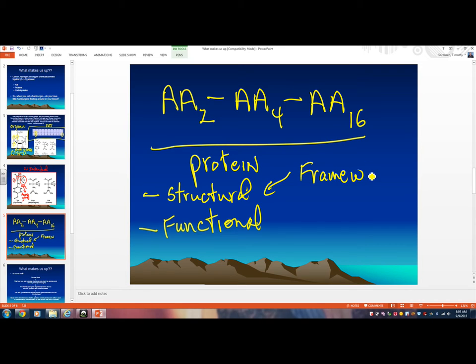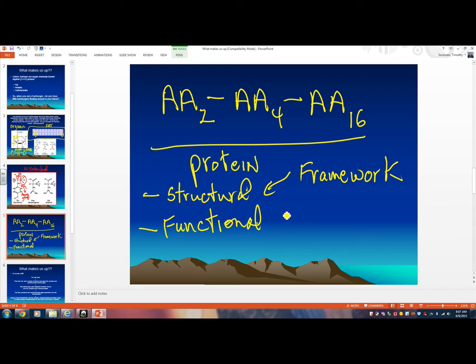What holds you together and makes you are structural proteins. So you've got your hair, collagen, I could go on. Nails, those are all structural proteins. So they help build you.